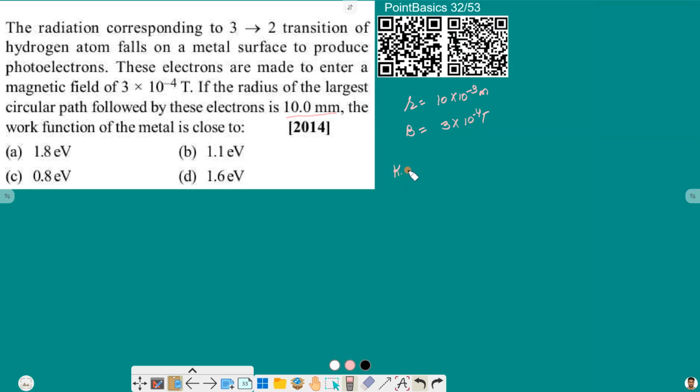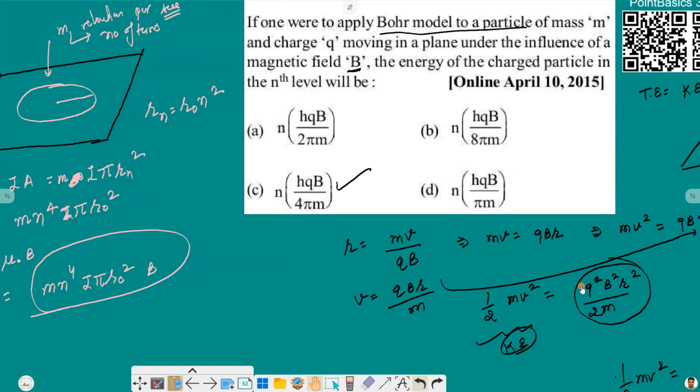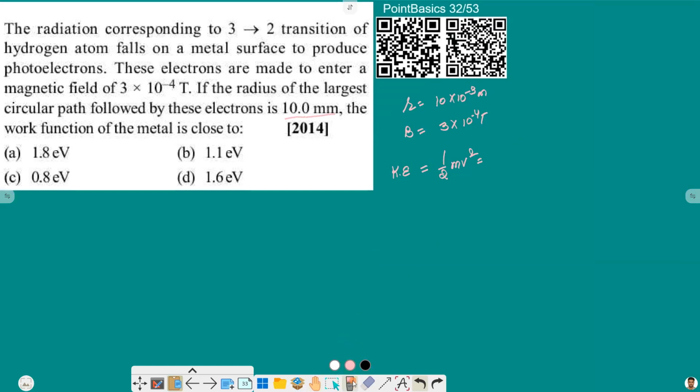We have just calculated the formula of kinetic energy, half mv square, in the previous question. Here it is. It was q square b square r square by 2m. From this we can calculate the maximum kinetic energy, and it will be half.